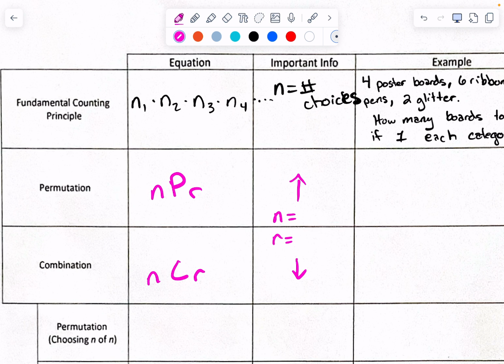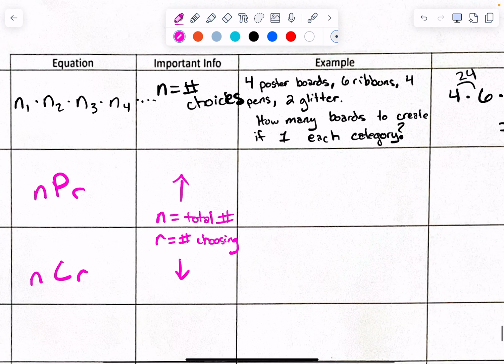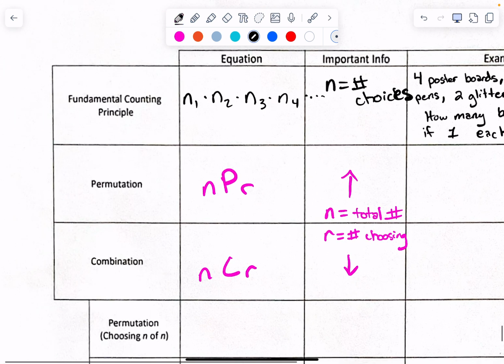The total number. The total number of options. Okay, what's R? The number you're choosing.